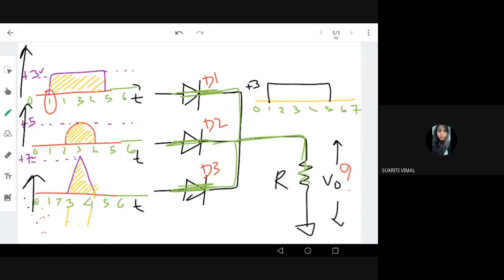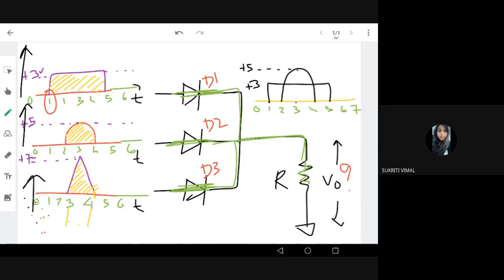Now from 2 to 4, my semicircular pulse is there. This voltage is plus 5, right? And from 3 to 4, I have the triangular pulse.